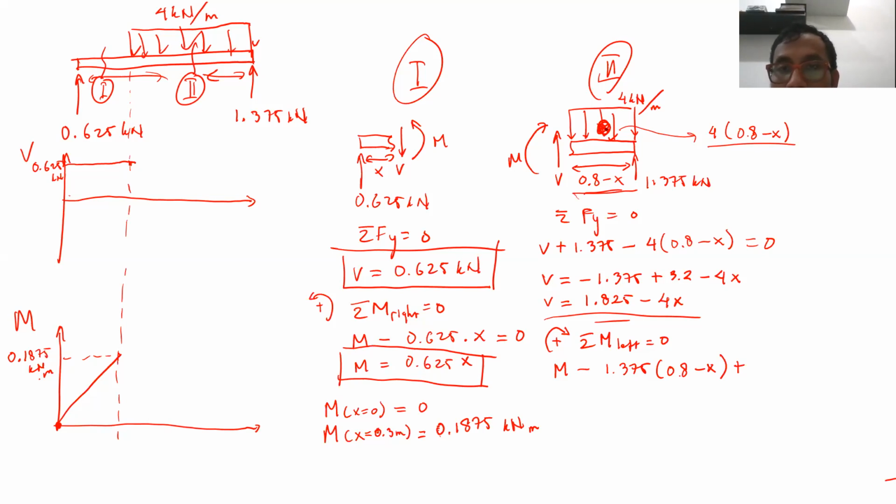So the distance from the left edge is 0.8 minus x divided by 2. That's why we will have 4 times 0.8 minus x. This is the force multiplied by the distance, 0.8 minus x divided by 2. And everything will be equal to 0.